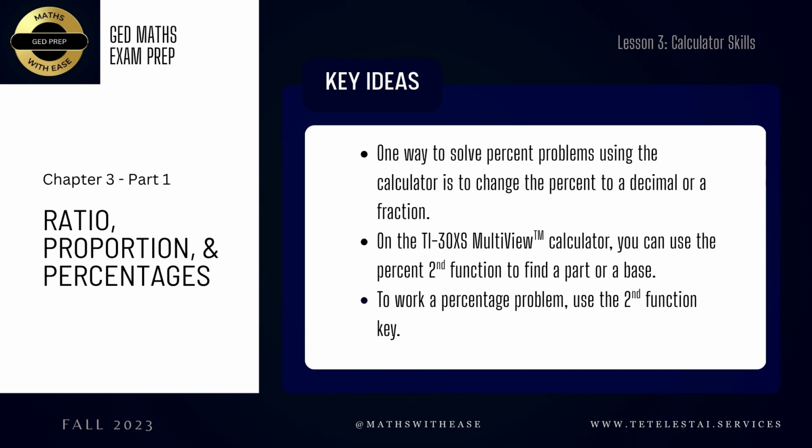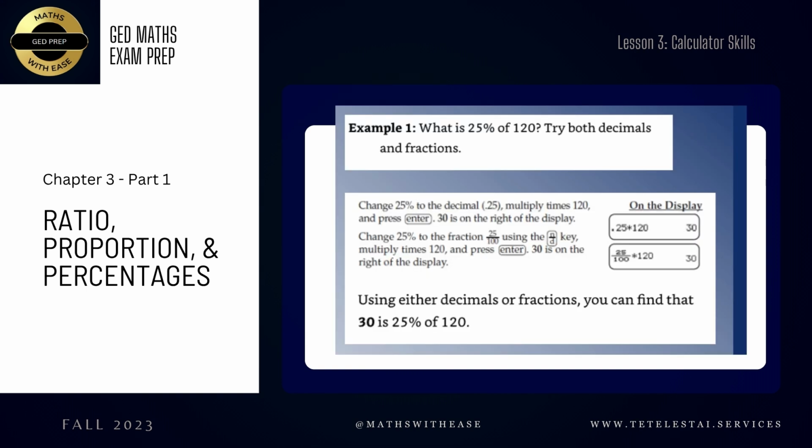You'll see that as we work through this portion. To create a percent, you use the second function and then press the percent key, which is in green over the left parenthesis key.